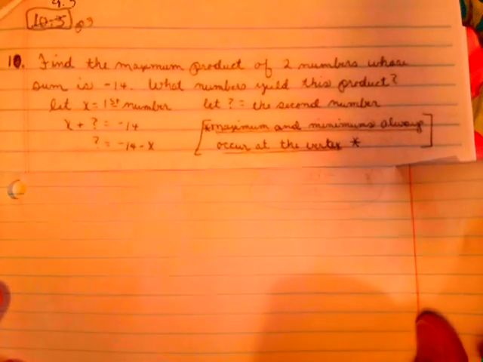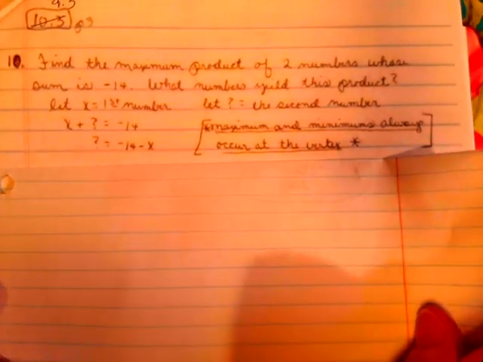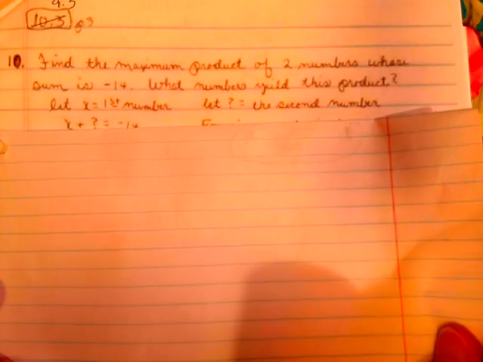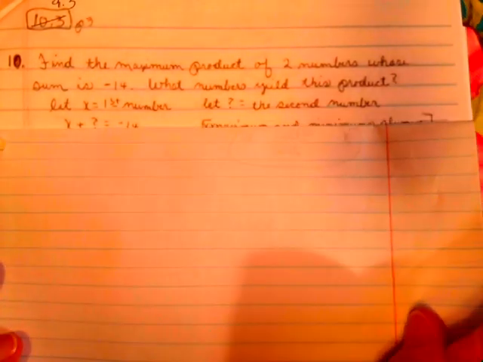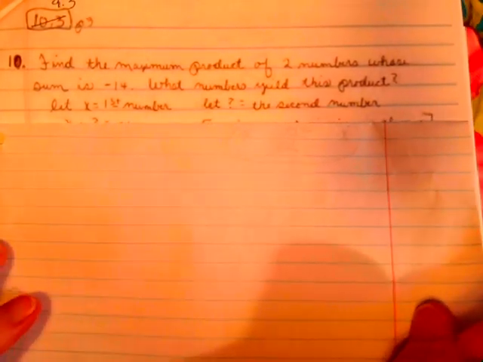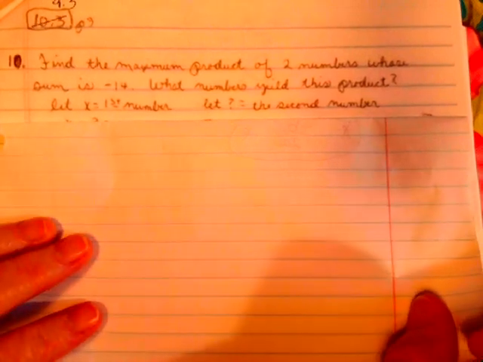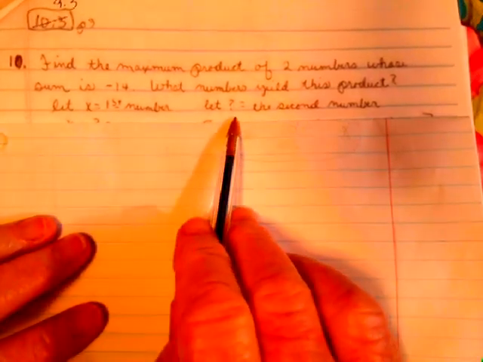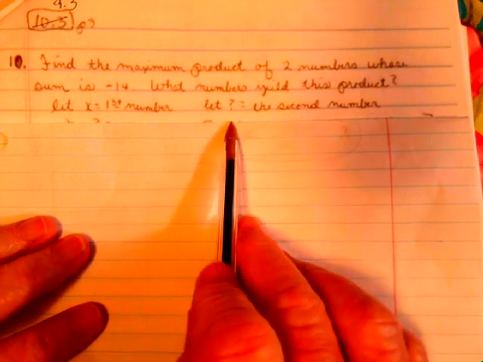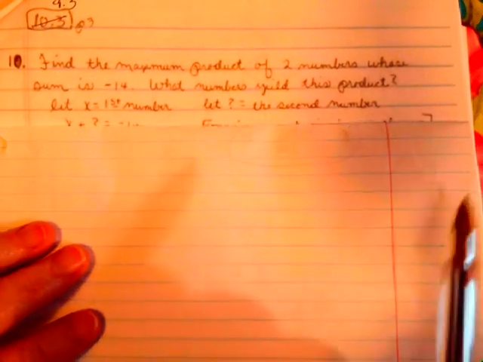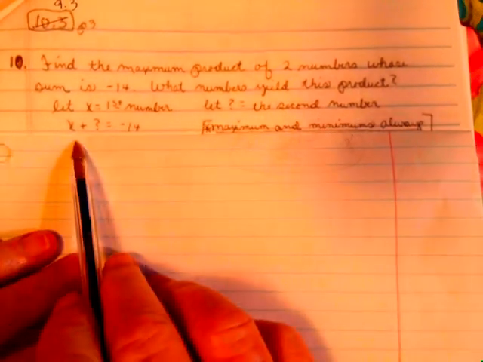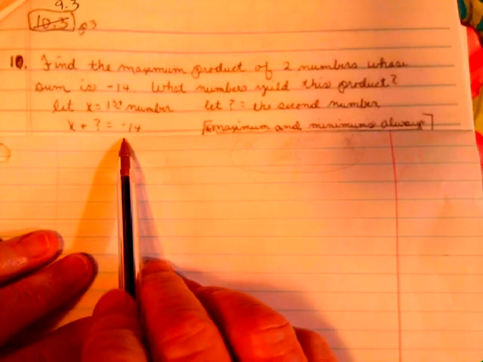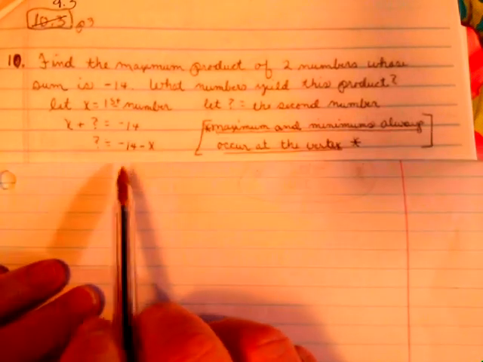Number 10, a little word problem. Find the maximum product of two numbers whose sum is negative 14. What numbers yield this product? Let x equal the first number, and I'm going to let a question mark equal the second number. Then x plus question mark equals negative 14.